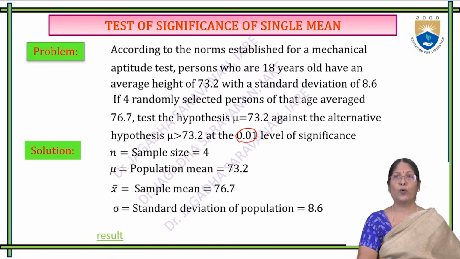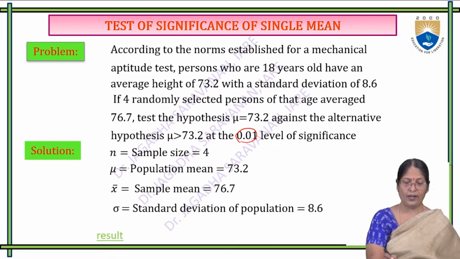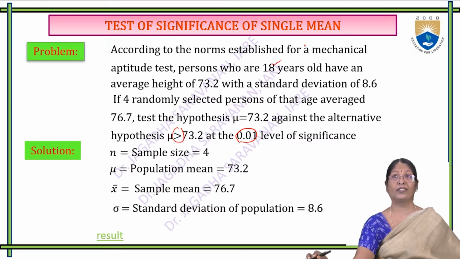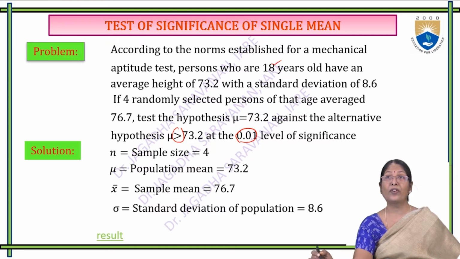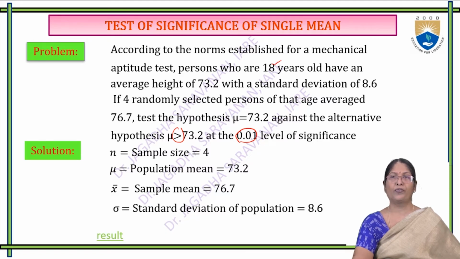Only 0.01 is left, that we will be covering, and this symbol also. This 18 years is not data, it is not related to solving. It is just the eligibility for writing that particular exam. Remaining all the numerical data, we put it in order.